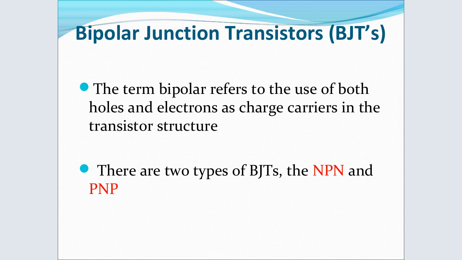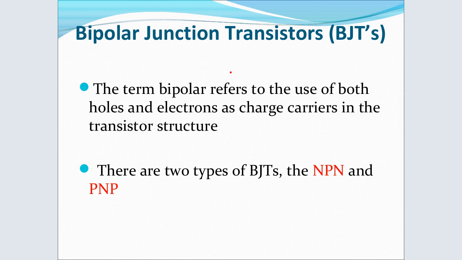Now, why do we call this category of transistors BJTs? Why do we refer to this category as BJT? This term refers to a scenario where, do you remember when we were talking about conductors, insulators, semiconductors?